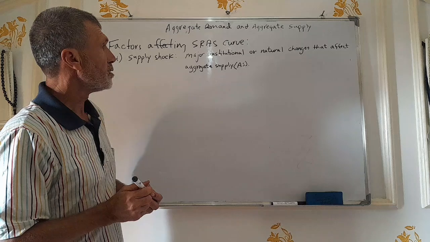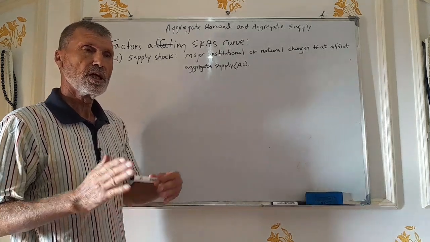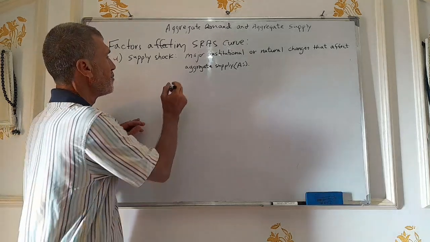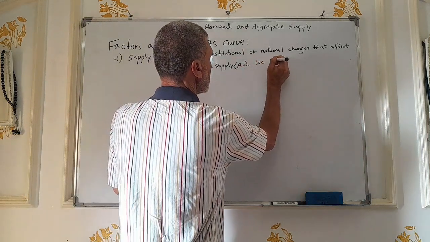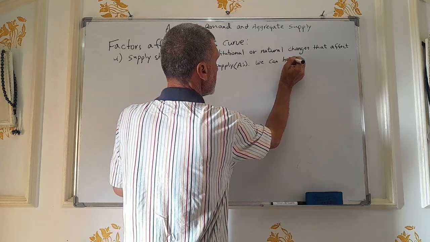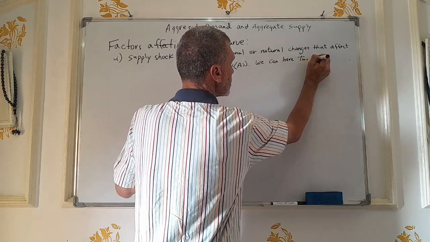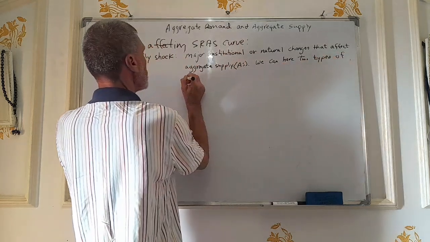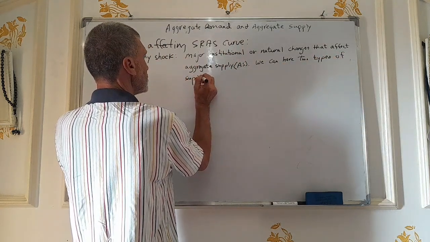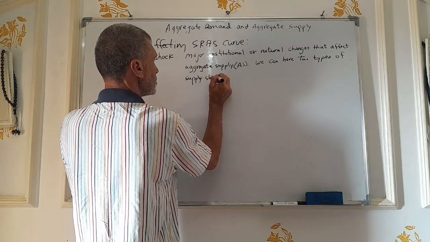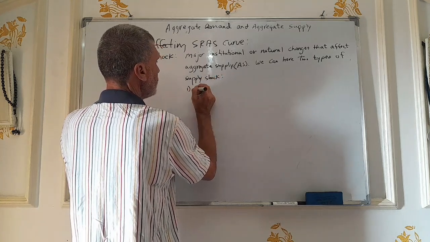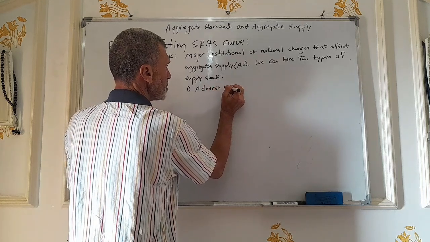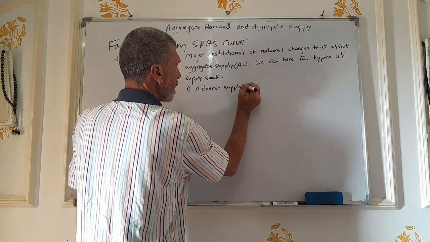Of course, we can differentiate between two types of supply shock. First, we have adverse supply shock.